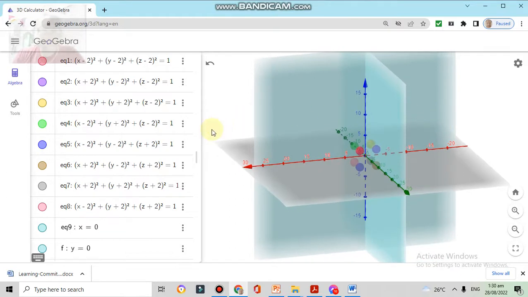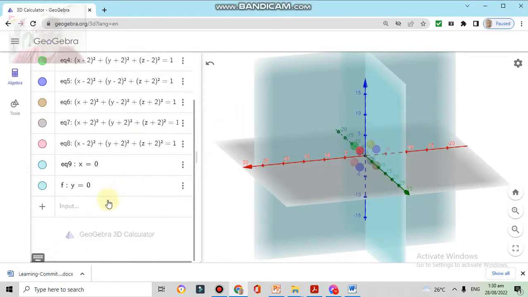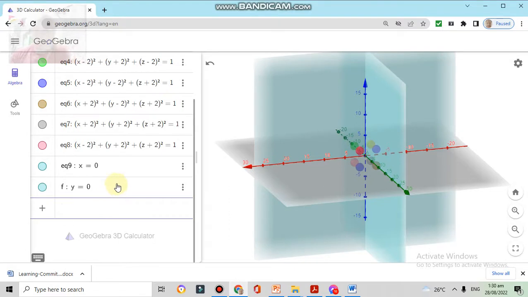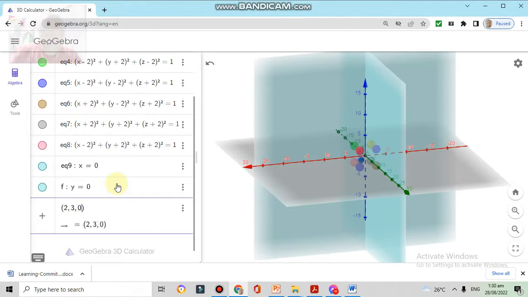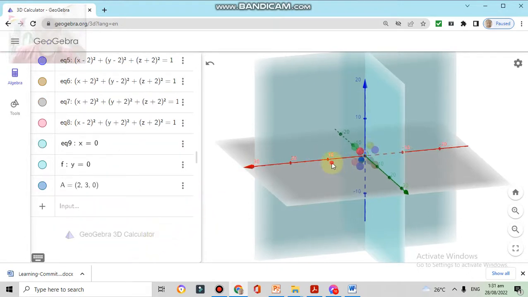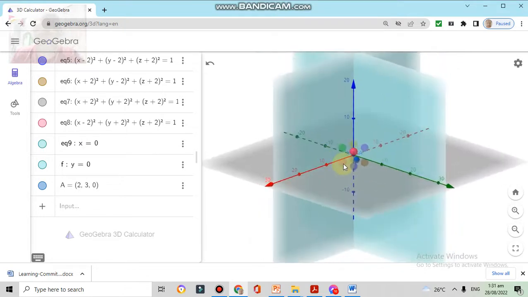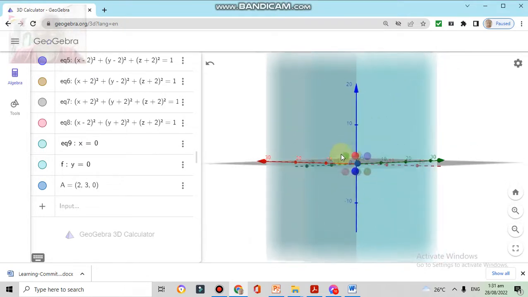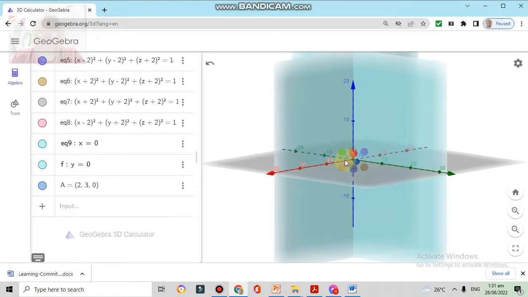Okay, so let's talk about the plotting of points. Suppose we have the point (2, 3, 0). What do you notice about that point? It lies exactly in the xy plane.